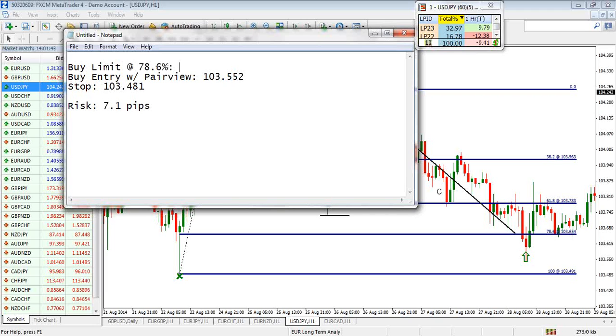In that case, you would have gotten it at 103.654, so the risk would have been a little bit more. The risk with PitView was 7.1 pips. There's no bad ways to get into these trades, by the way. And in this case, it was 17.3 pips.